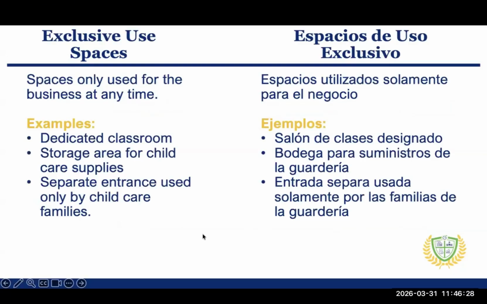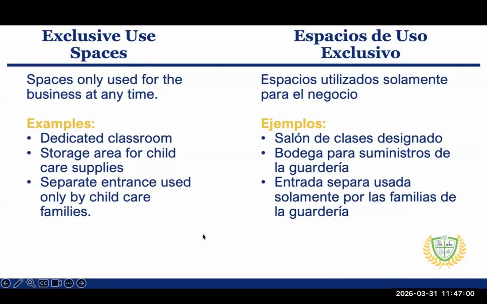Now, exclusive use spaces, on the other hand, are areas in your home dedicated solely to your childcare business. These spaces are not used for any personal purposes at any time, and that's important. Again, these spaces are not used for any personal purposes at any time.